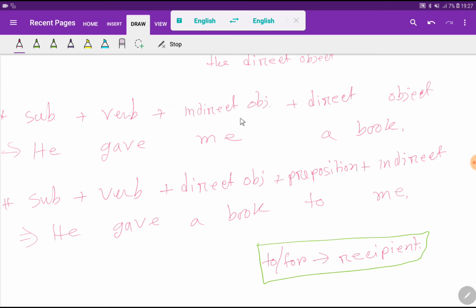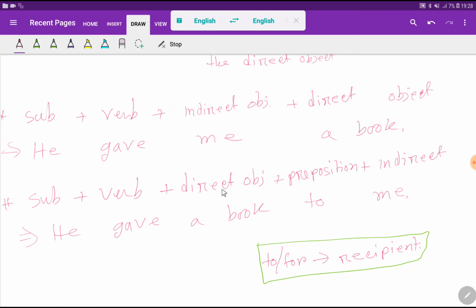You know that he gave me a book. Here me is receiving a book, so this is the indirect object. The indirect object will receive the direct object, and the direct object will be directly affected by the verb. Look, subject, verb. If I change the position of the direct object and indirect object, then what will happen?